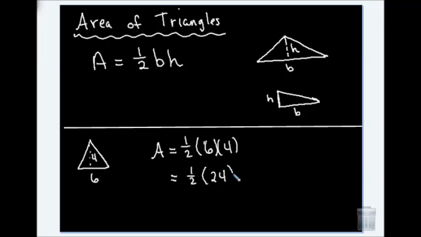Which, when you multiply a fraction times a whole number, numerators multiply and denominators divide. And this is when you do fraction times a whole number.